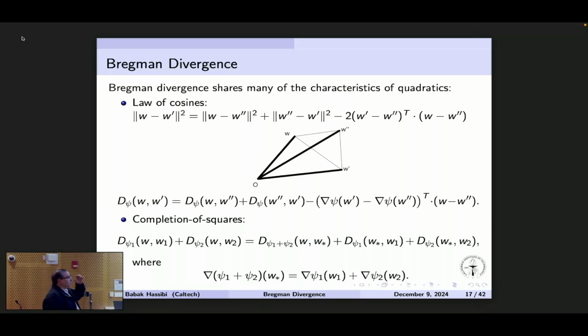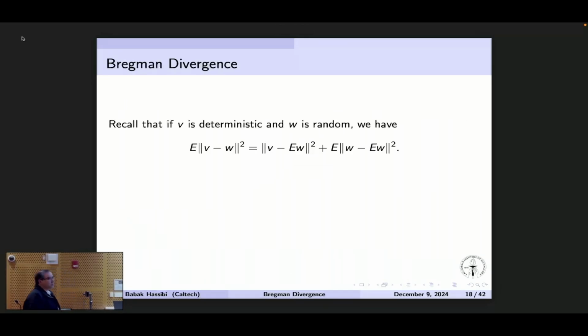I've made use of this, but the property I will make use of most is the next one. Again, for quadratics, let's assume V is deterministic and W is random. Let's say I want to take the expectation of the squared norm of V minus W. We all know the trick. You add and subtract the mean of W. When you expand things out, you get this term, which is deterministic.